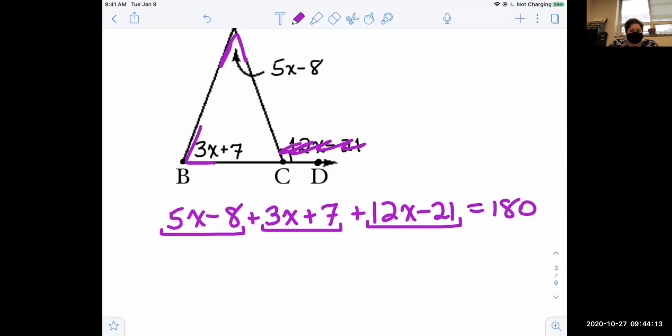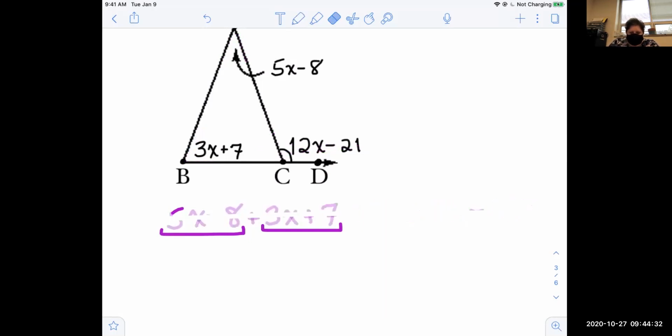Okay, back up 1 second. I want to know if Jake had written the equation like that, where would 12x minus 21 have to be to make it equivalent? Yes, it would have to be that angle right there, right? And then it'd be the 3 angles out of 180. Okay, so that can't be those adding up to 180 because, okay, now that, you have to be careful about that because you can't just throw an x on there because we don't know how that x relates to the other expressions.